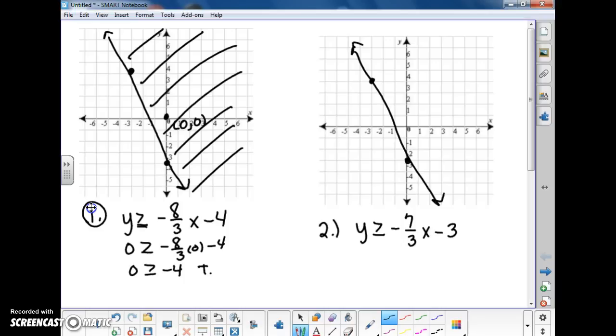If I use 0, 0 as my test point, 0 is greater than or equal to negative 3, so that is true. So I will shade the region that contains 0, 0.